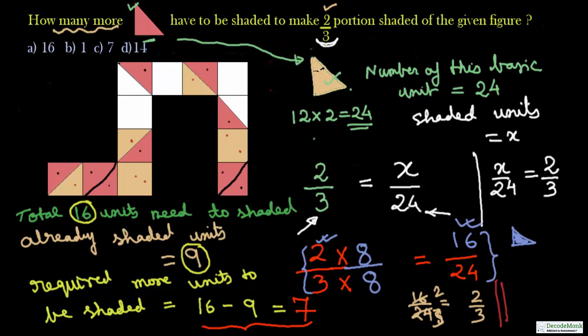So the first thing while solving such a problem is to break the whole figure into basic units. After getting the basic units, count the number of basic units, put that directly into the denominator, and see how much you require to be shaded. By doing such calculations you can arrive at the required answer, which is 7, and that is in option C. So option C is the right answer.